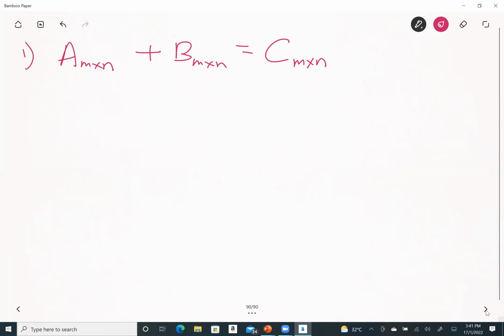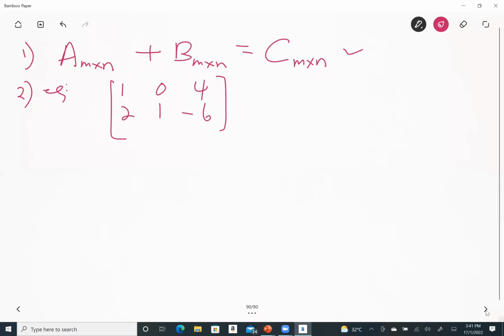Okay, for addition, the first thing that you look at is size. They must be the same in terms of the number of rows and the number of columns. If that is okay, then you can add. Now, how do you add? We add corresponding elements. So let's consider an example. Suppose I have A equal to 1, 0, 4, 2, 1, -6.